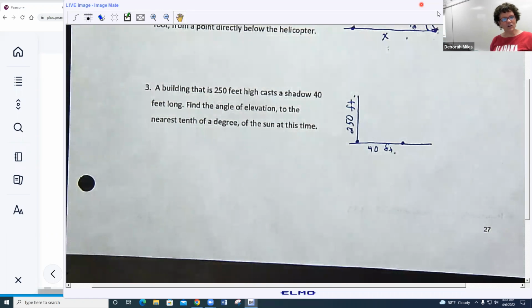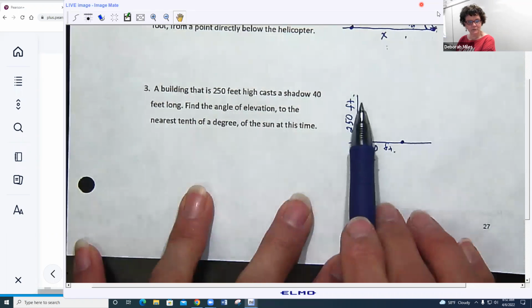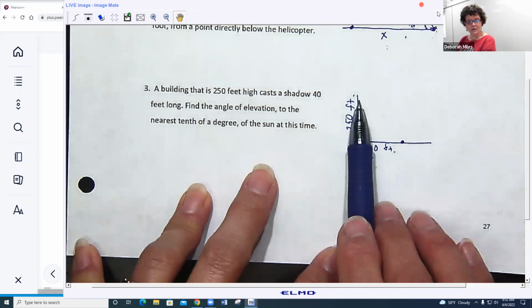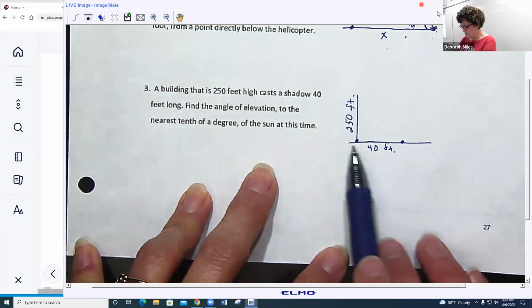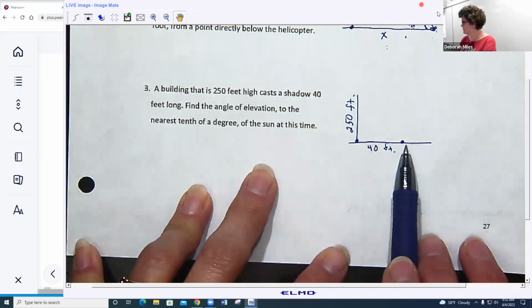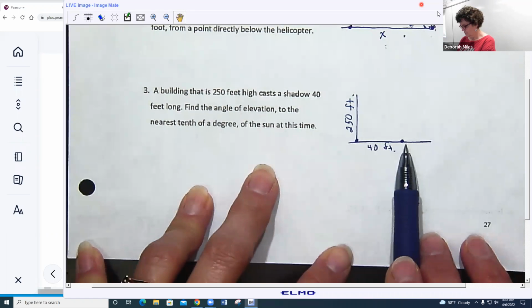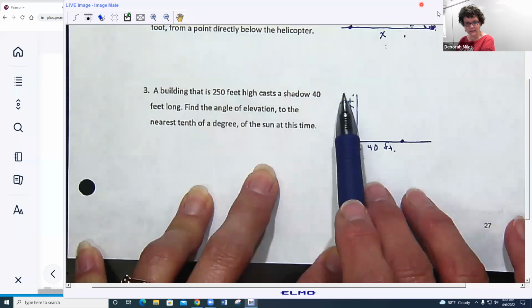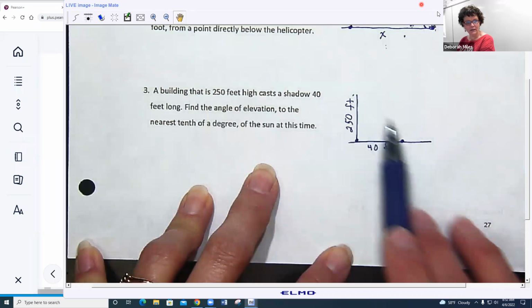We want the angle of elevation to the nearest 10th of a degree of the sun at this time. Where does the sun have to be if the shadow is cast in this direction? A little bit behind the building if the shadow's falling this way.